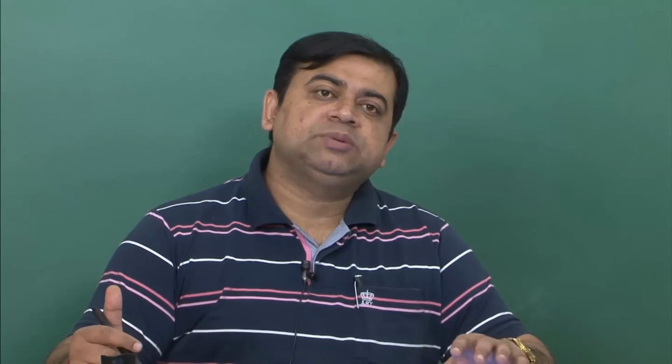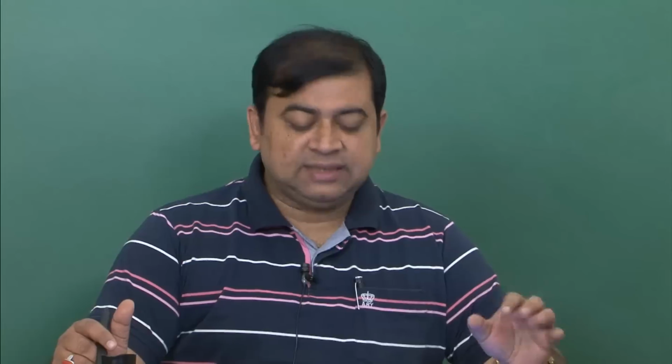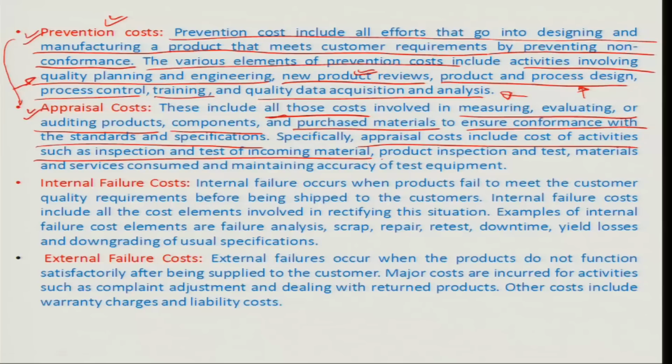If there is some kind of a deviation, then the parts inspection has the added responsibility to go and do a process audit at the vendor end, see what is the reason for the non-compliance, and try to remove that, so that the system doesn't get altered much. So you have product inspection and tests, materials and services consumed, and maintaining accuracy of the test equipment. These are all a part of the appraisal cost.